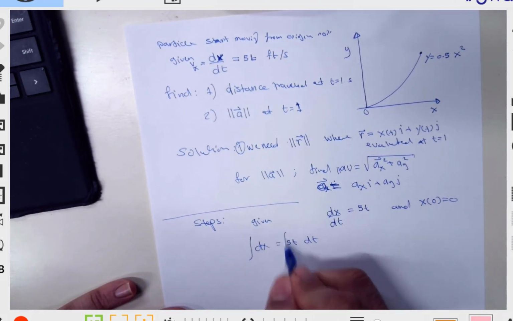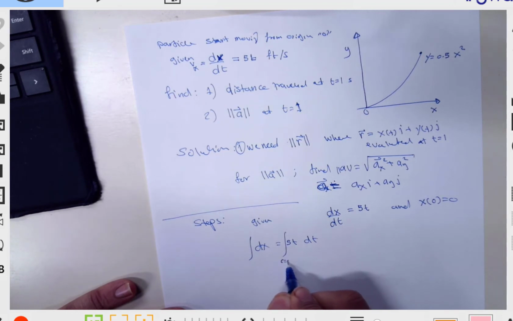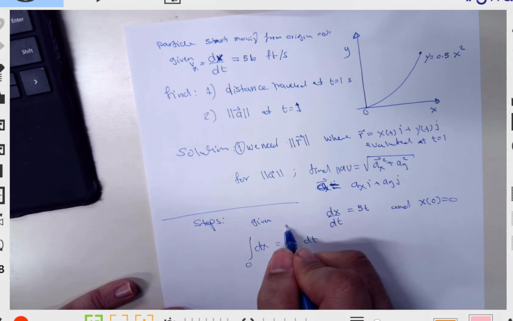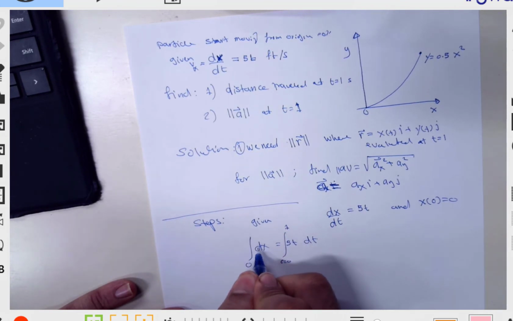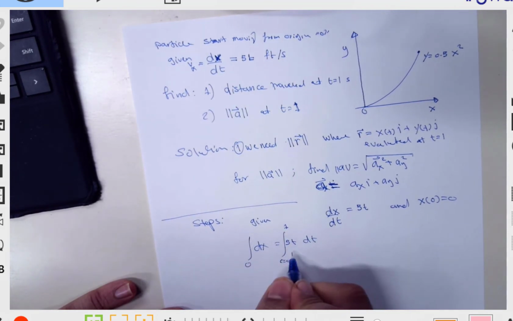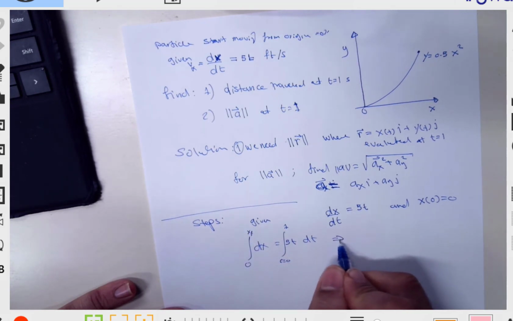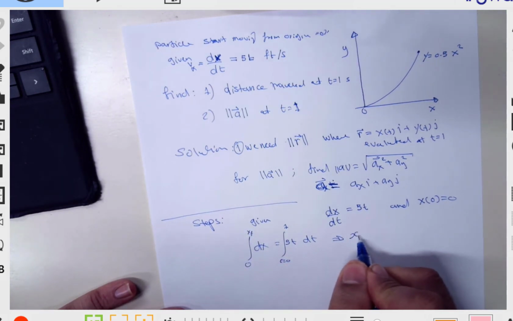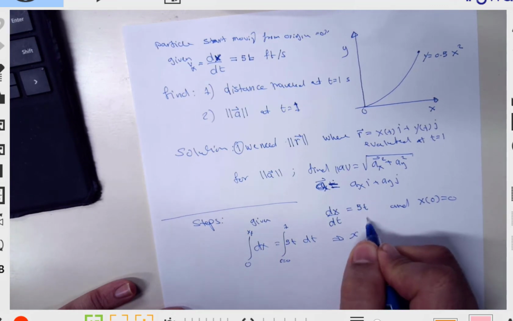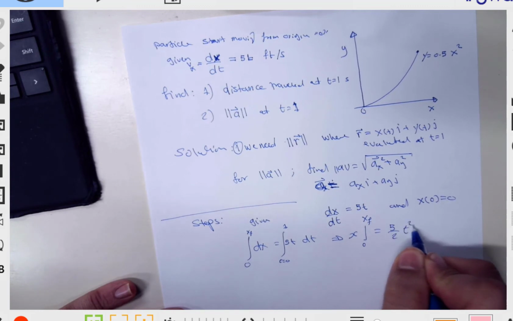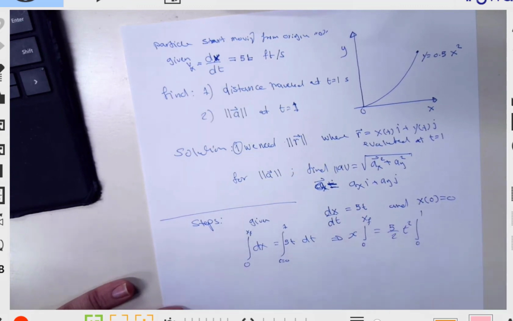Integrating from time equal to 0, where the initial condition was 0, to see how much it will displace in the x component at 1 second: the integral of dx is x from 0 to xf, equal to 5 over 2 t squared from 0 to 1.